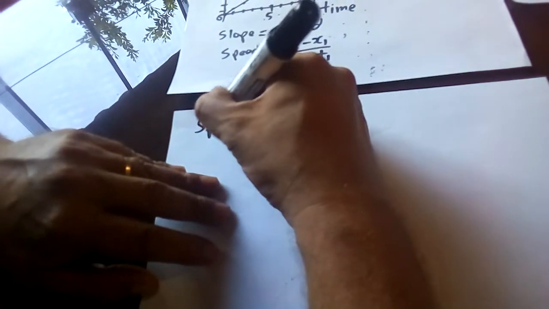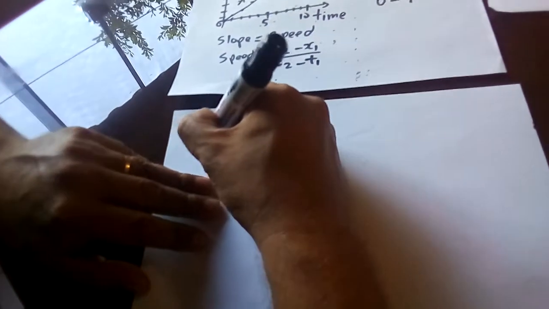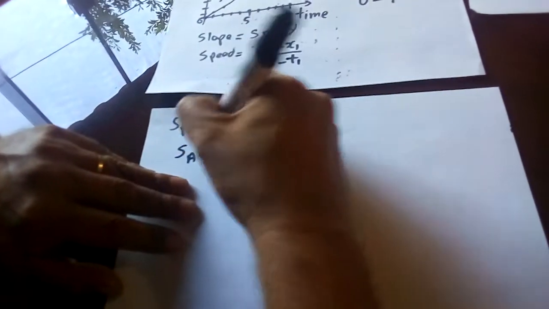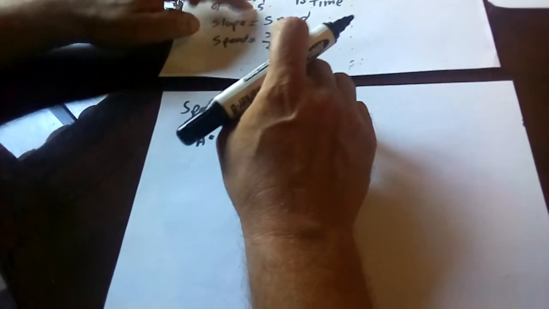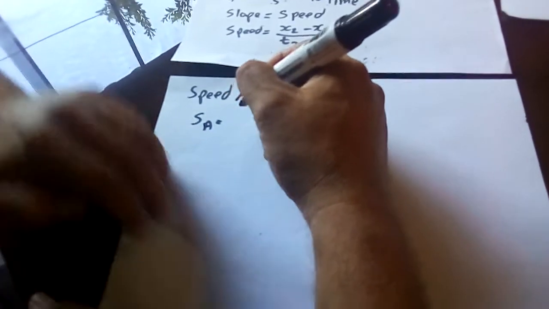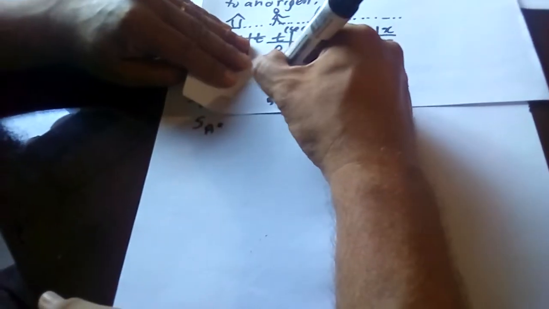Let's do that. The speed for segment A will be, you can take any 2 points. So from 0 to 5 seconds, I can use any of them. Let's say I take 4. When we had 4, the position was 4.